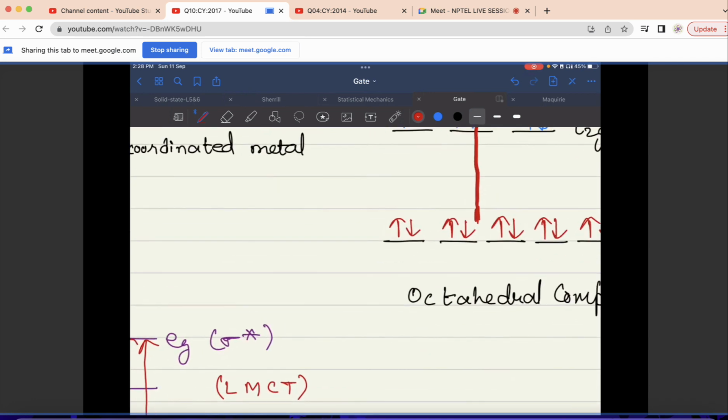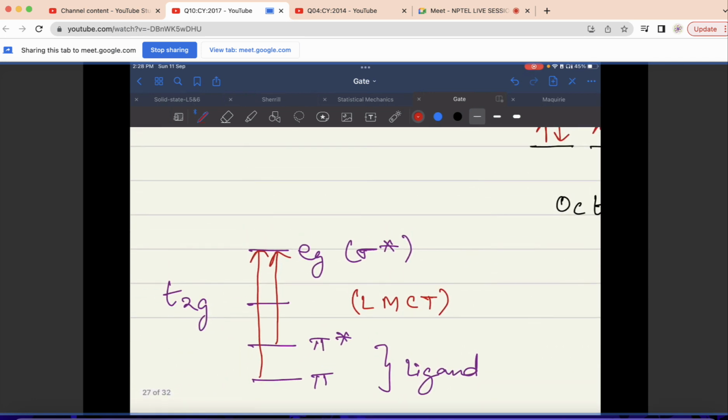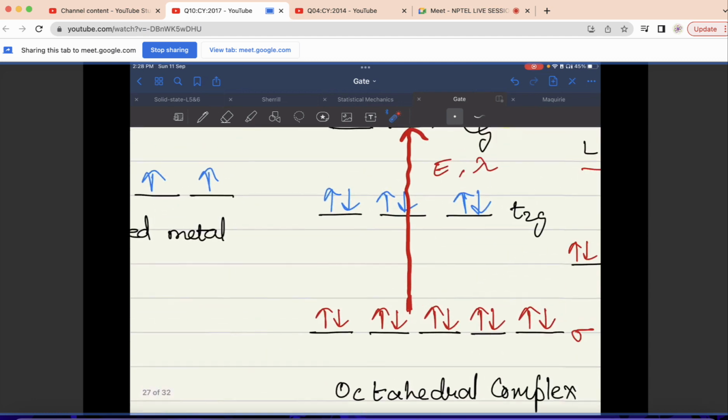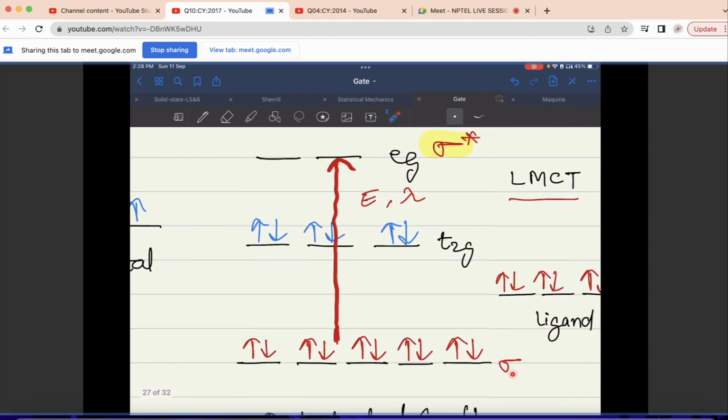Here you can look at this figure, where the T2g and Eg come from the metal, and the Eg acts as a sigma antibonding here. Also, the transition that I have shown here is from the sigma.